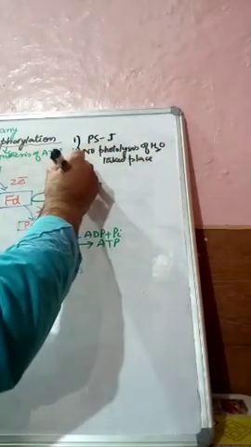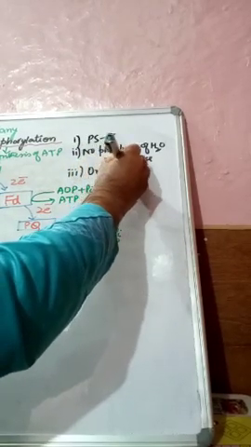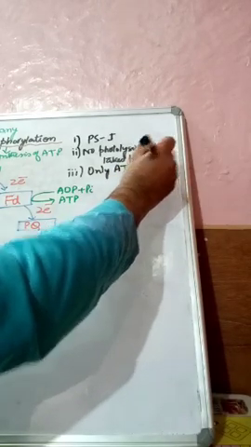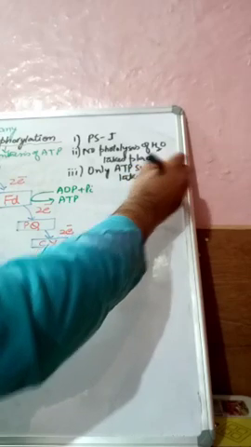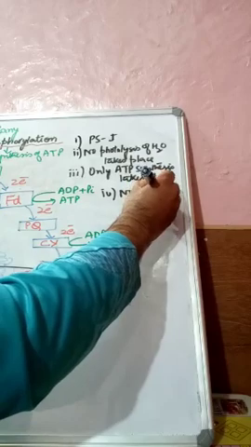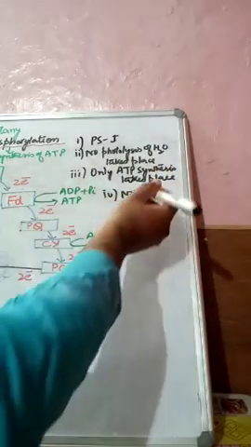The third thing we see here is that only ATP synthesis takes place. Another thing we see here is no reducing power, as in the case of non-cyclic photophosphorylation, where NADPH and NADP are formed.